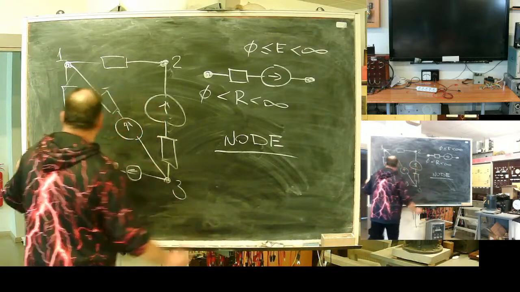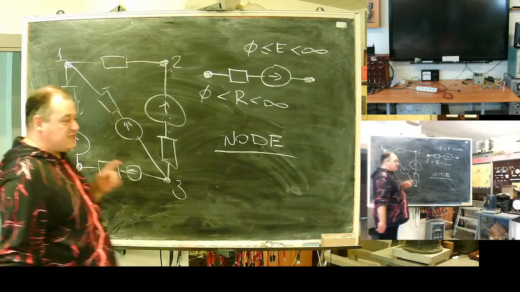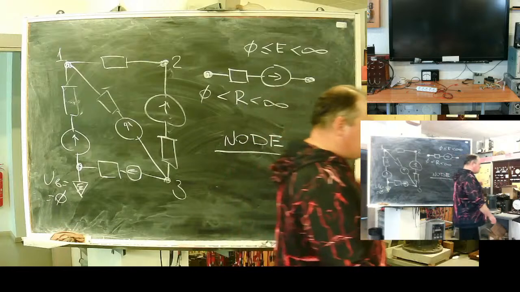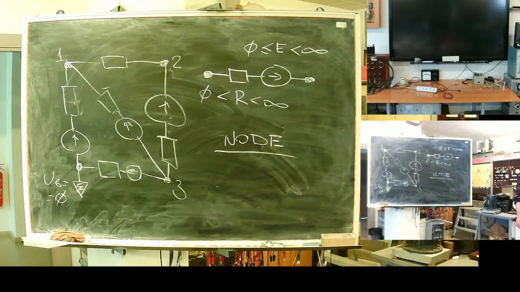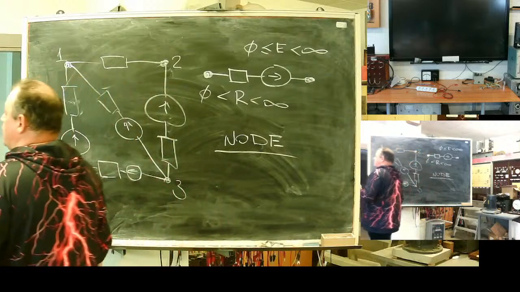Second, I need to number branches. And also, not only number, I need to set a branch direction. Here we will use an oriented graph.